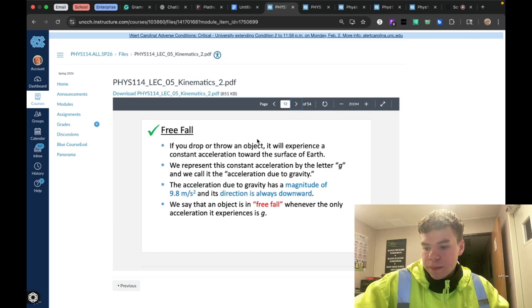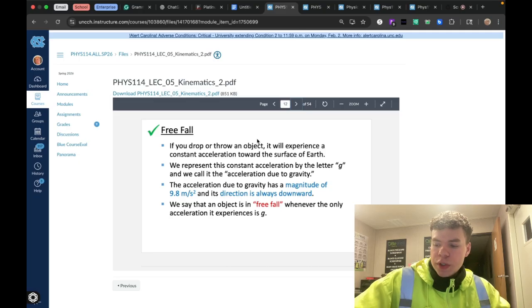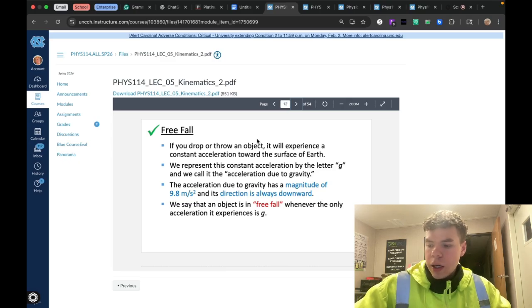So free fall equals G force is the only thing acting on the object. And G equals 9.8 meters per second squared.